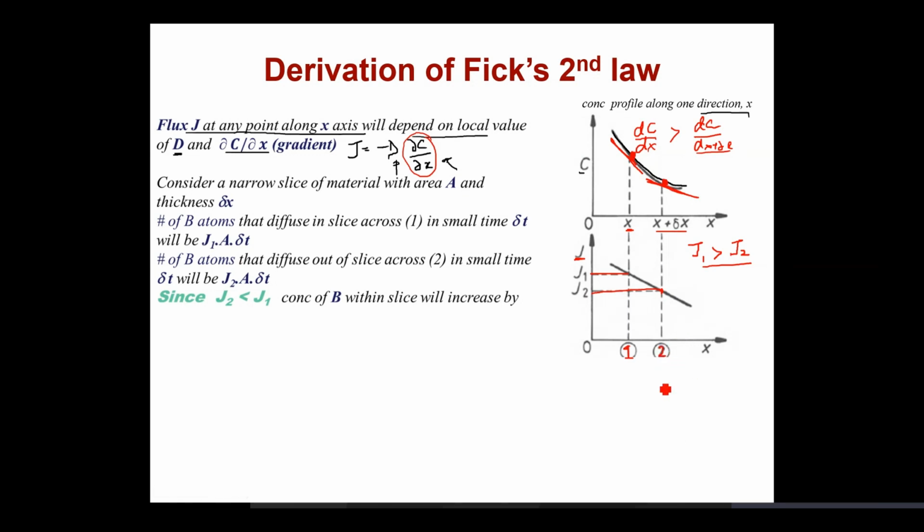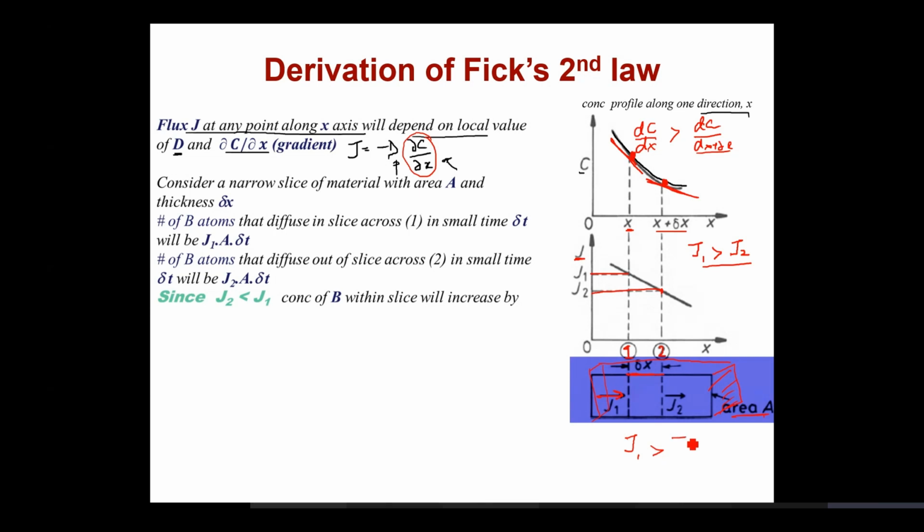All right. Now, if you look at this small portion of the material, ये मटेरियल का क्रॉस सेक्शनल एरिया है, ठीक है, ये क्रॉस सेक्शनल एरिया है और ये डेल्टा एक्स डिस्टेंस है. अब अगर J1 is greater than J2, तो जो एंटर हो रहा है वो ज़्यादा है और जो लीव कर रहा है मटेरियल एरिया से वो कम है, तो इसका इफेक्ट क्या होगा?